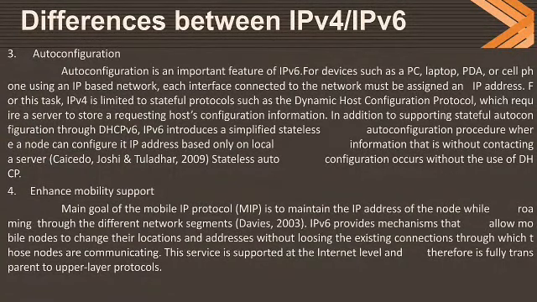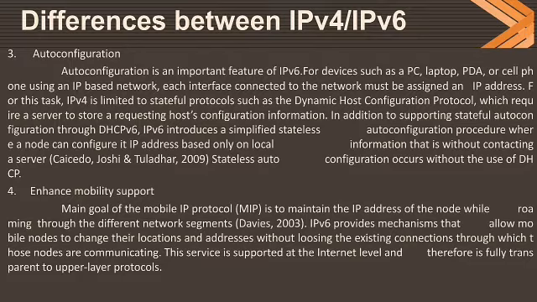3. Auto-configuration. Auto-configuration is an important feature of IP version 6 for devices such as a PC, laptop, PDA, or cell phone using an IP-based network. Each interface connected to the network must be assigned an IP address. For this task, IP version 4 is limited to stateful protocols such as the Dynamic Host Configuration Protocol, which requires a server to store and supply requesting host configuration information.